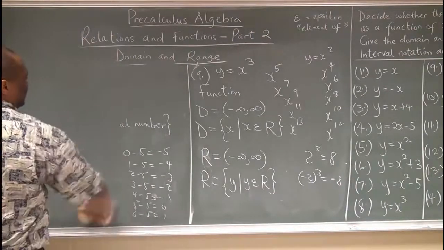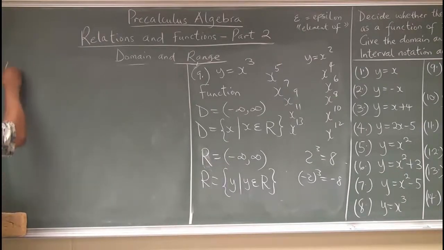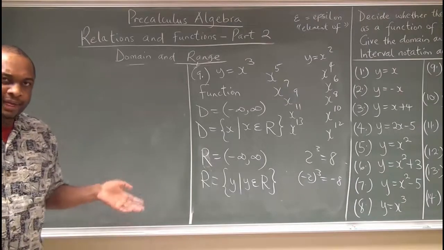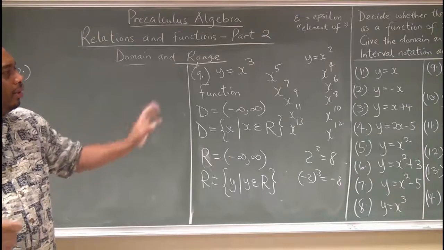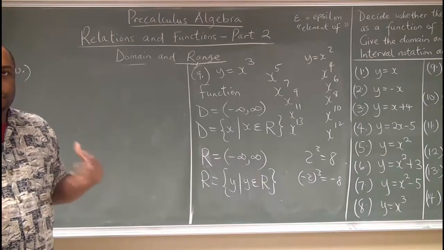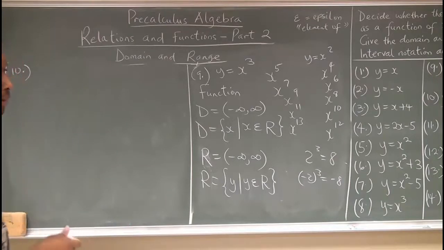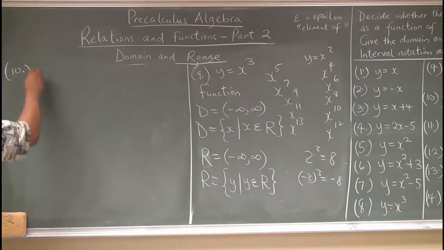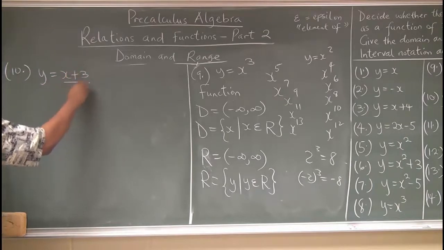Question 10. We're getting there. I'm trying to solve so many varieties so that you will have a good understanding after this topic. Now, y equal to x plus 3 over 5.